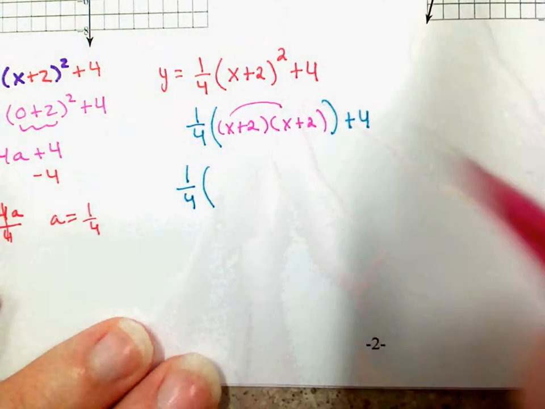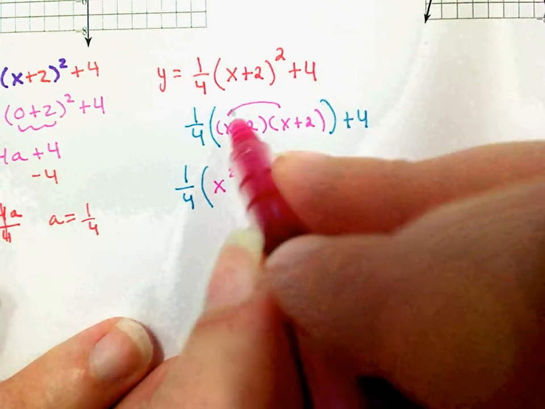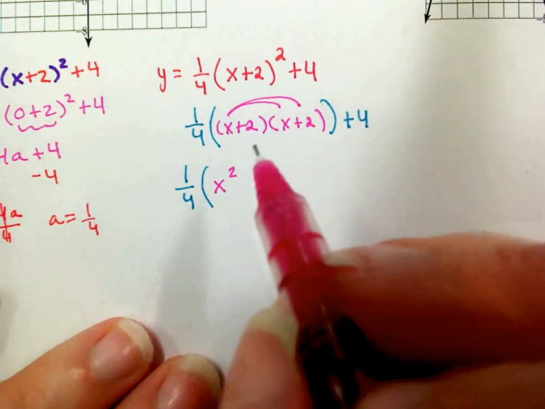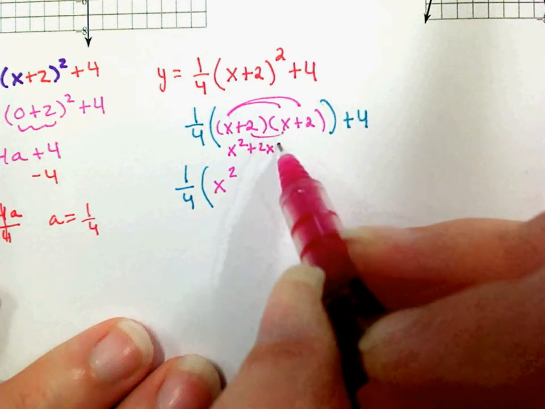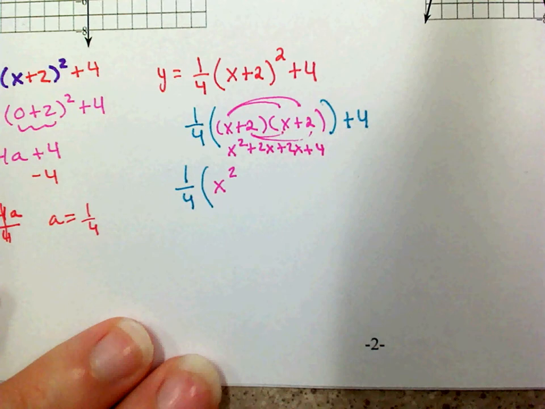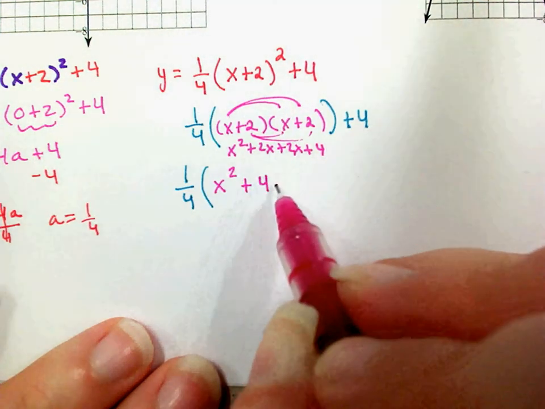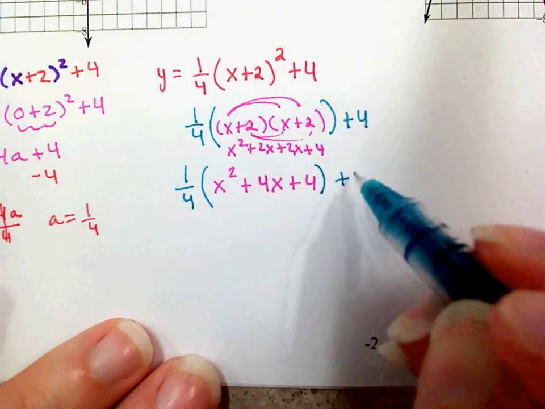X squared. X times 2. I'm actually going to write this down right here. X squared plus 2x, and then plus 2x, and then plus what? So what combines? Okay, good. The 4x comes from 2x plus 2x, and then plus 4. And then plus 4. Okay, what do I have to do now?